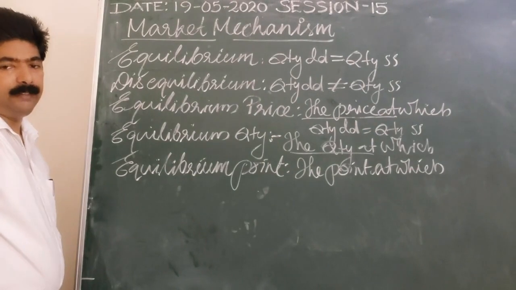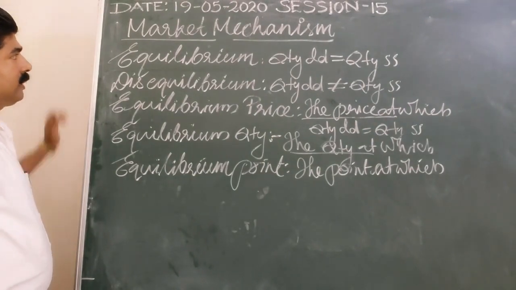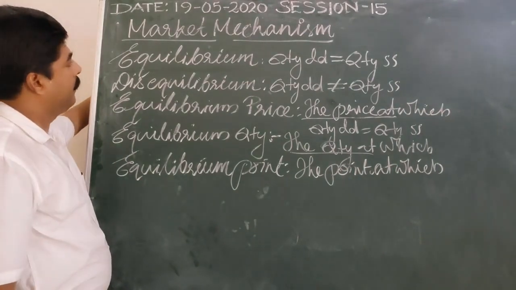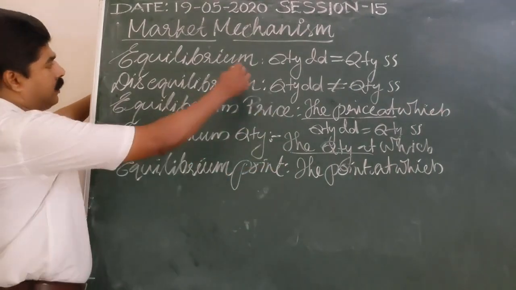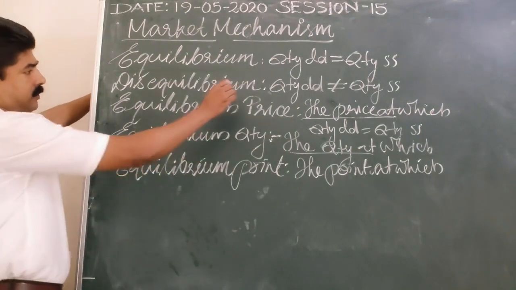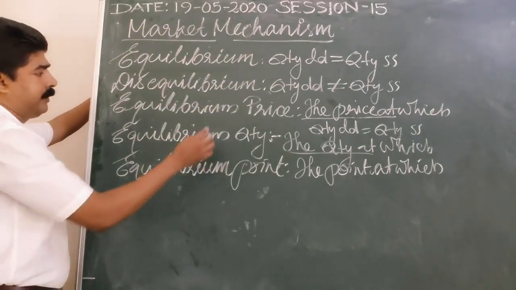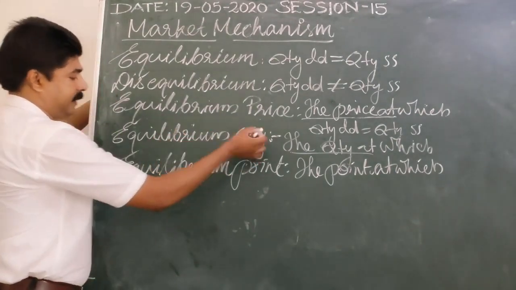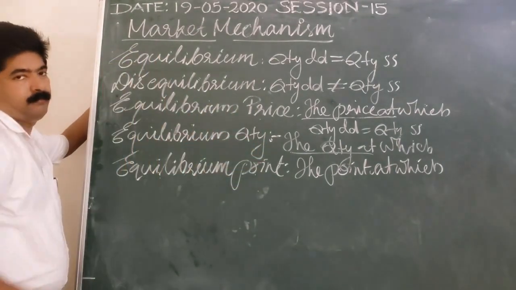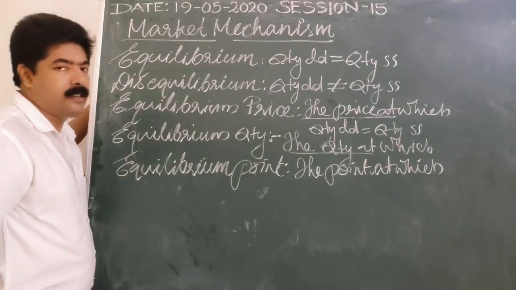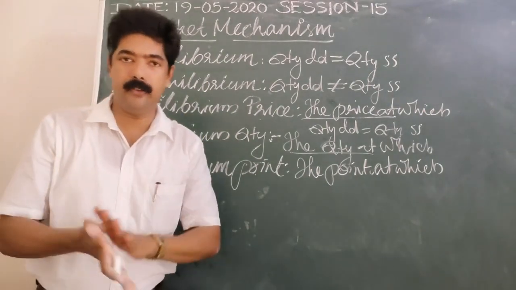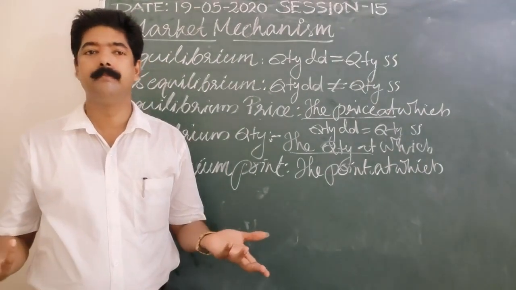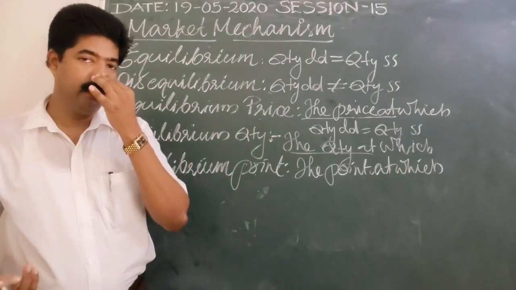We have studied the market mechanism. What is meant by equilibrium? What is disequilibrium? What is meant by equilibrium price, equilibrium quantity, equilibrium point? What determines the price of a commodity? It is not any single firm, it is the industry.